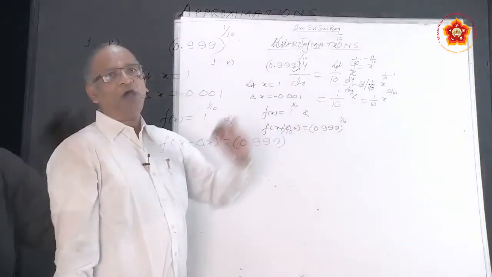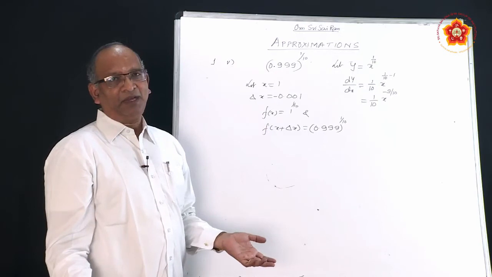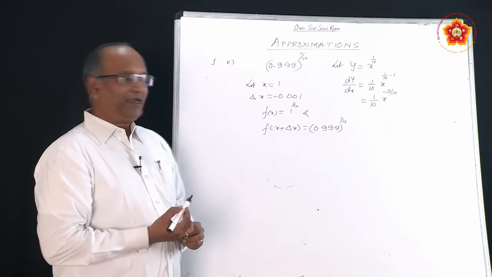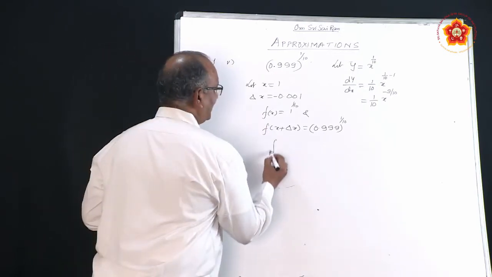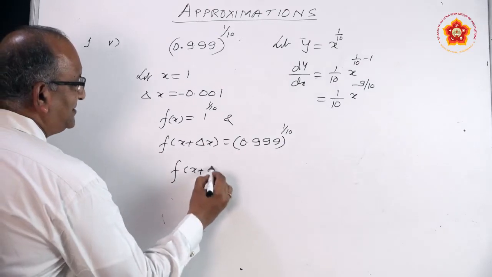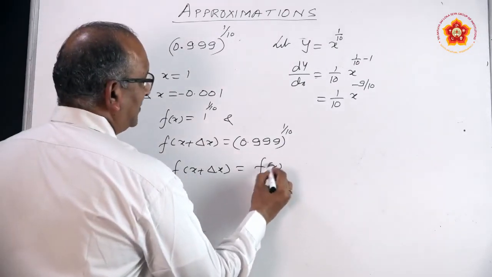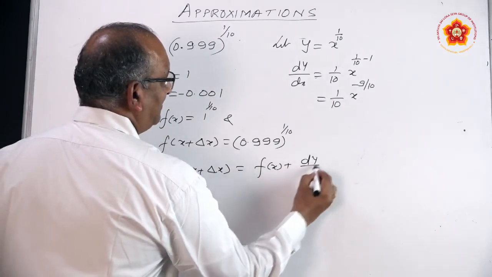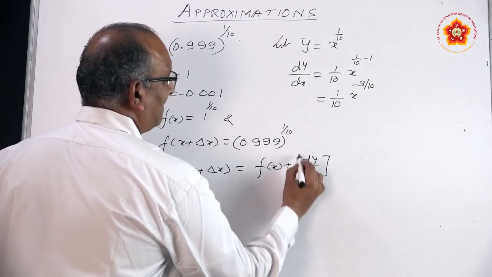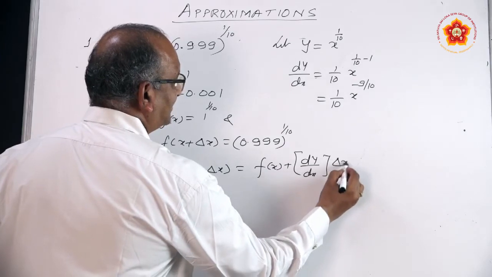Now since we have all the values, write the formula and substitute. What is the formula? The formula is f of x plus delta x is equal to f of x plus dy by dx into delta x.